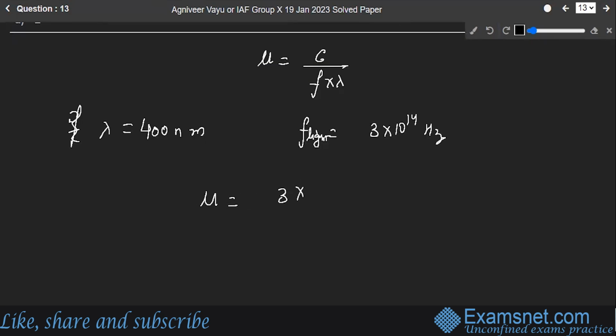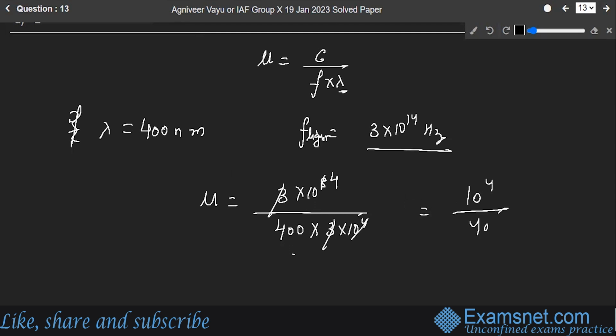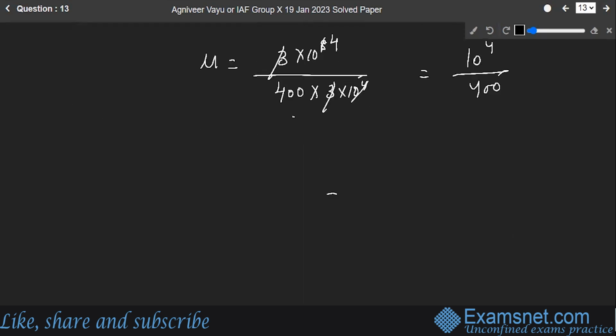Speed of light is given by 3 into 10 raised to power 8. Sorry, no, this is lambda. So the wavelength is 400 and the frequency is given to us as 3 into 10 raised to power 4.